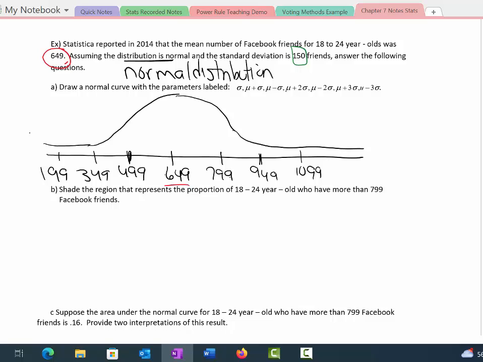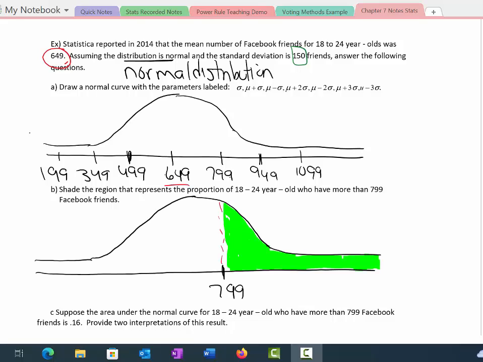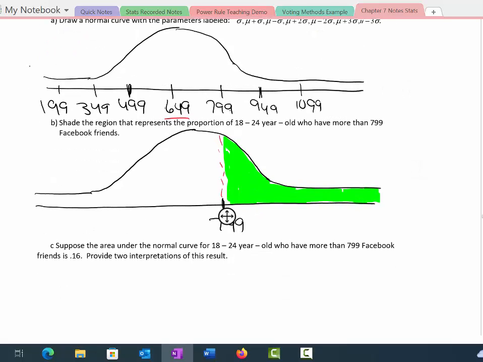Okay, part B. Shade the region that represents the proportion of 18 to 24-year-olds who have more than 799 Facebook friends. This is what this is going to look like. In part C, suppose the area under the normal curve for 18 to 24-year-olds who have more than 799 Facebook friends is 1,600.